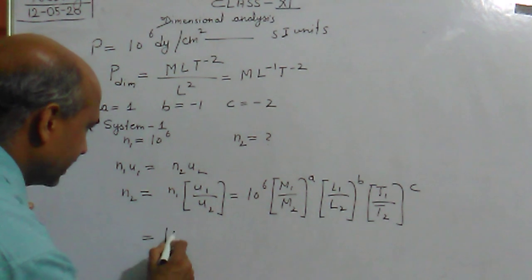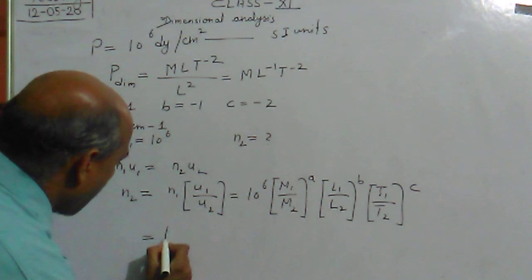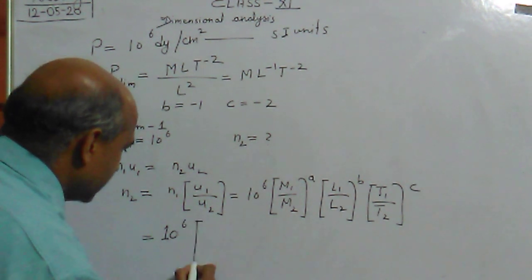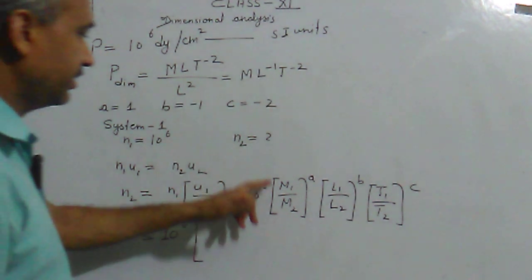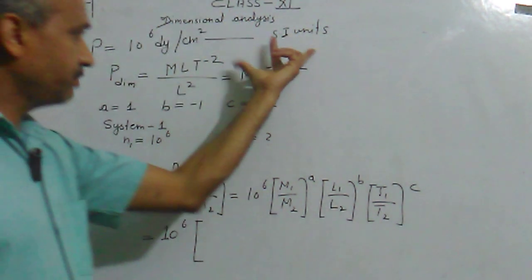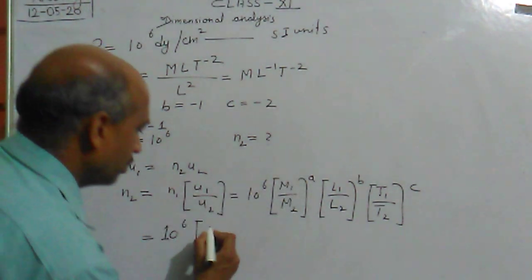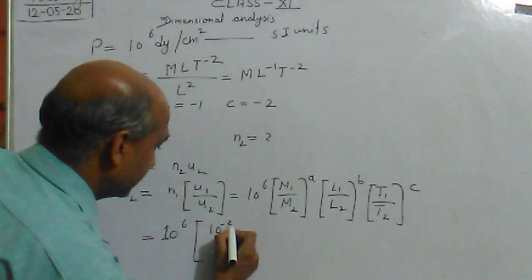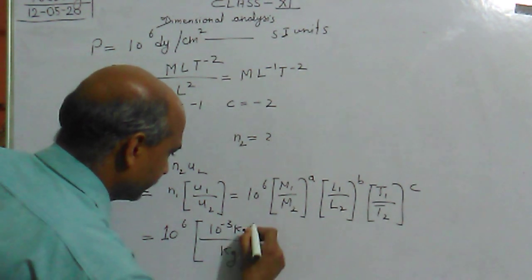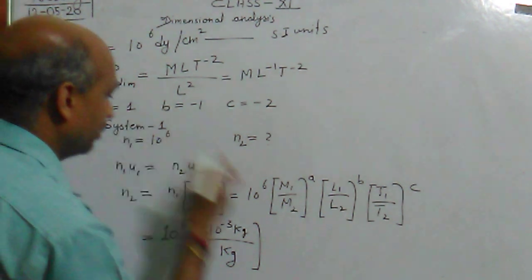So now put the values. 10 की पावर 6 as it is कॉपी कर लो क्योंकि उसमें तो कोई चेंज नहीं होने वाला है. So यहां पे आ जाओ. M1 upon M2 क्या करना है? CGS को कन्वर्ट करना है किसमें? SI में. So mass तो it is in grams. So I know कि 10 की पावर -3 kg हो जाएगा upon how much? kg. And what is the value of a? The value of a is, we have found it, 1.